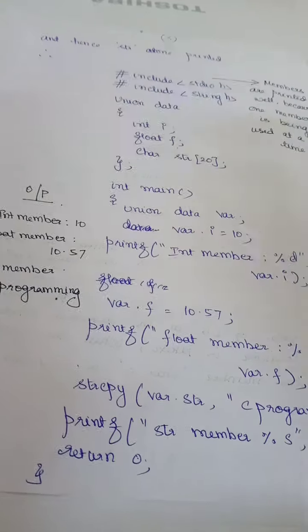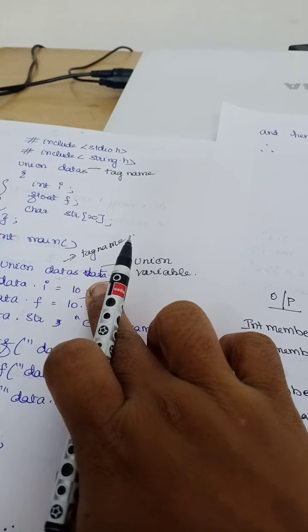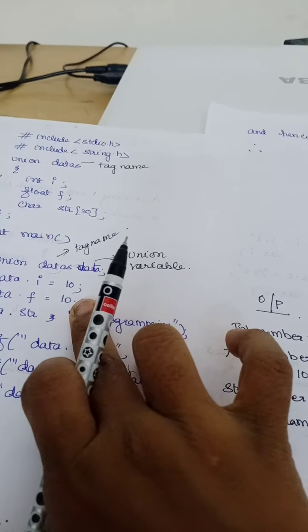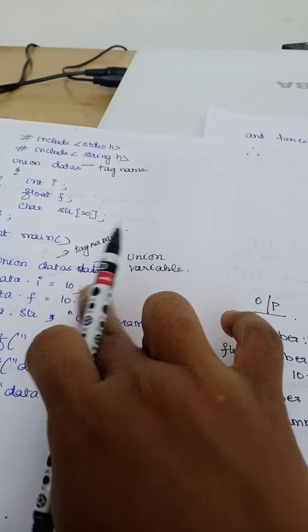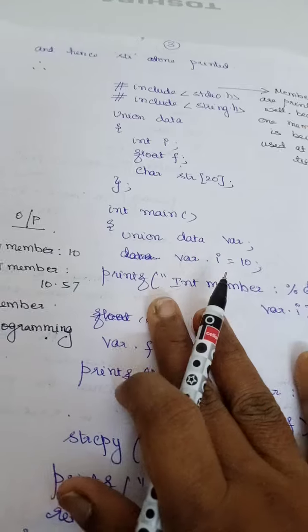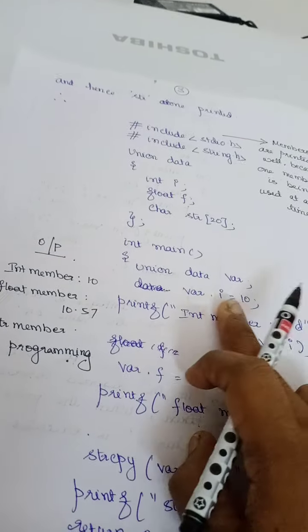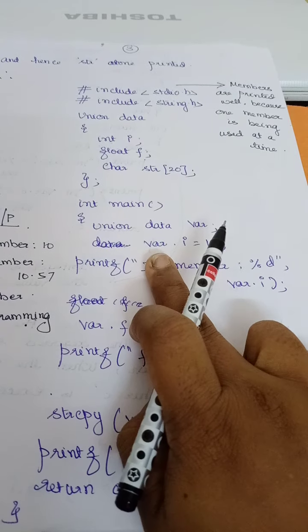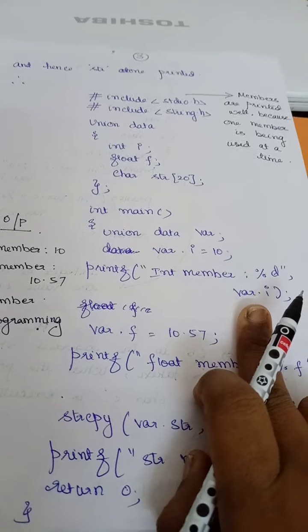Now, here I have assigned the value to i, I have assigned the value to f, and only after assigning all the values I started printing. But if I want to print my values correctly, what I can do is var dot i is equal to 10, and immediately I print my i value.